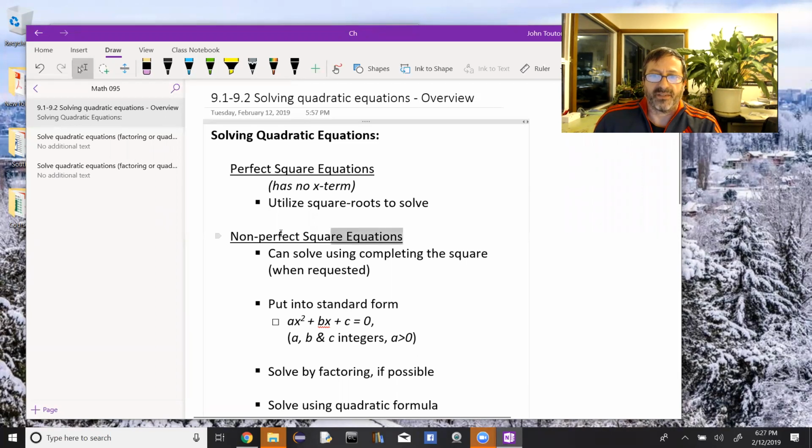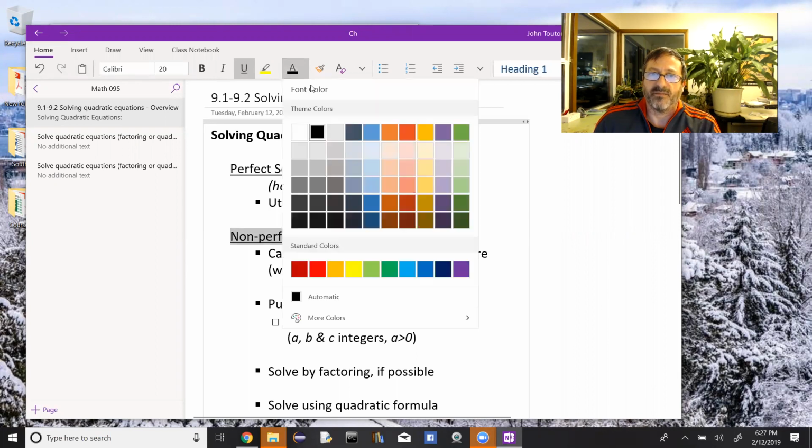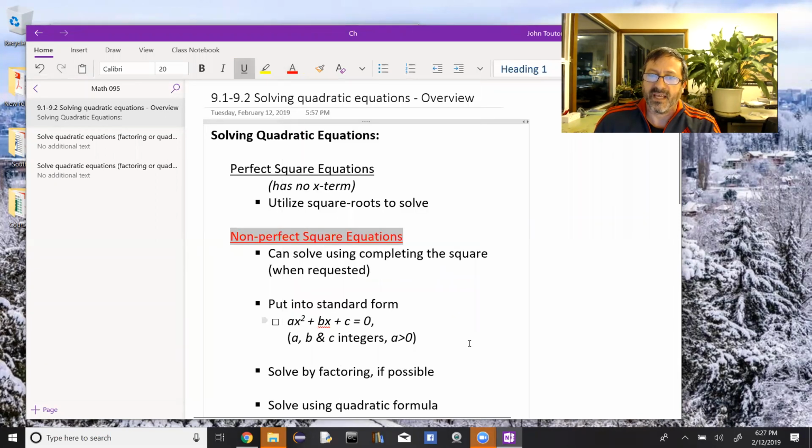When you have a non-perfect square equation, if you put it in what's called standard form, so that's generally setting it equal to 0, and then looking at the coefficients of each of the terms, the x squared term, the x term, and the constant term, and identifying those coefficients as a, b, and c.